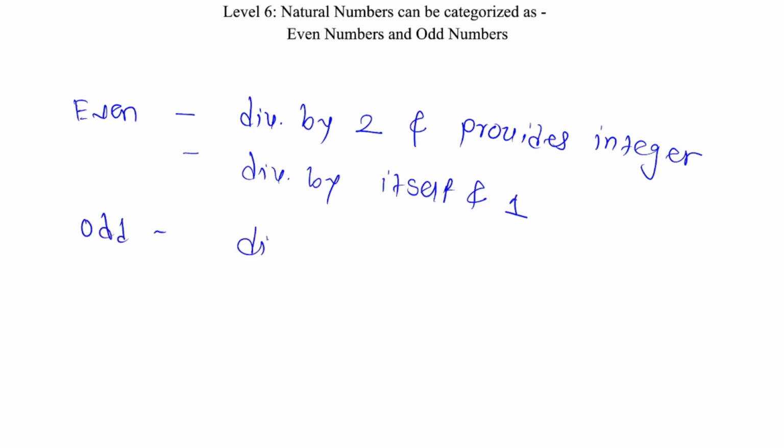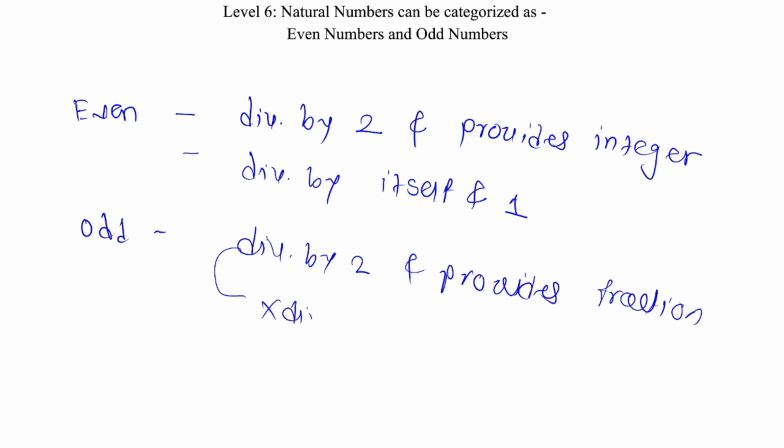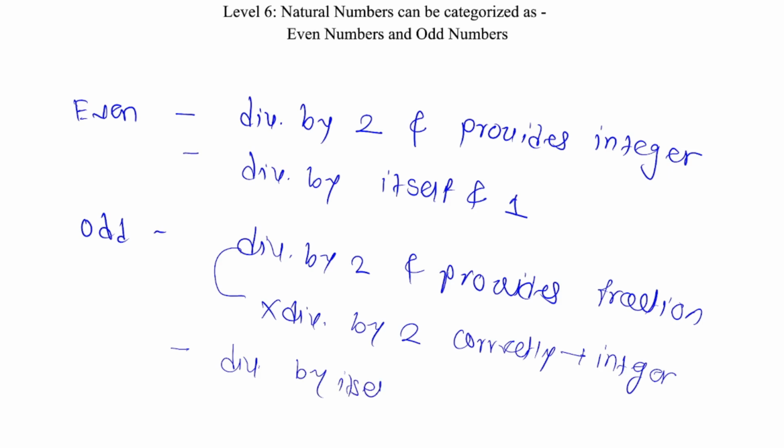Odd numbers are divisible by 2 but provide a fraction. So better we can say not divisible by 2 completely or correctly, not providing an integer. And we can also add to this definition: divisible by itself and an odd number. So friends, this is a complete differentiation between even and odd numbers, and we also saw different examples of each.